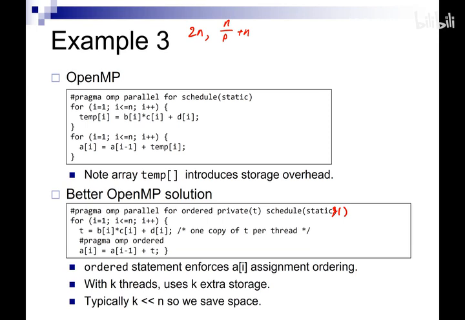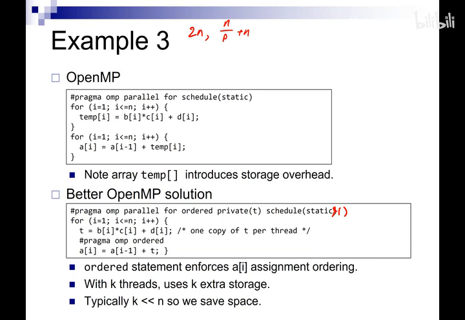Also, I need to say that the reason I changed this schedule here is that previously you don't want to run this using a static schedule. Rather, you want to run this using something like a static schedule with a chunk size of, let's say, 1.